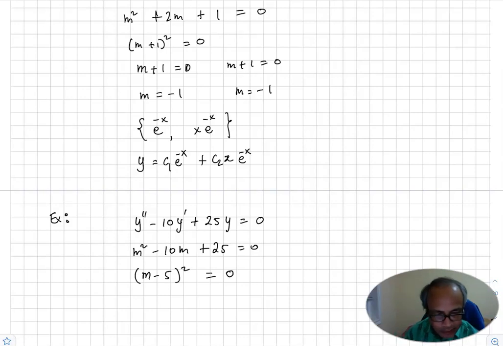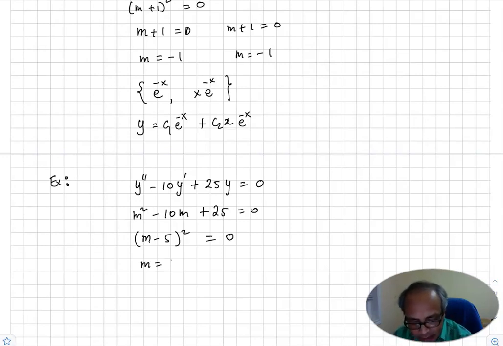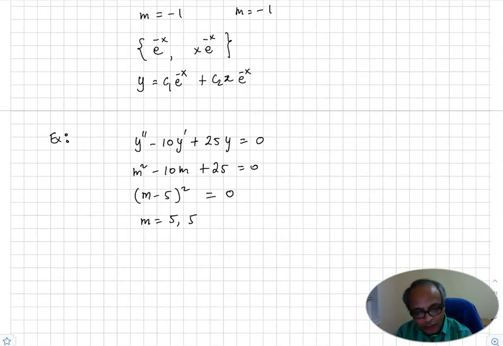So when it is a repeated root, the characteristic polynomial will be a perfect square, and now m is 5, 5. M has two solutions and both are equal.